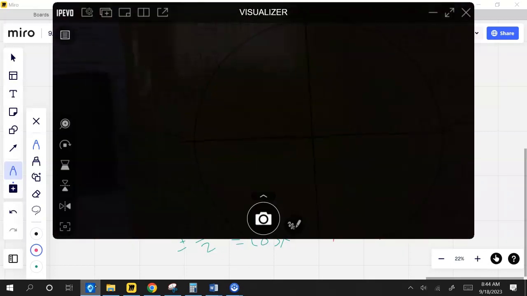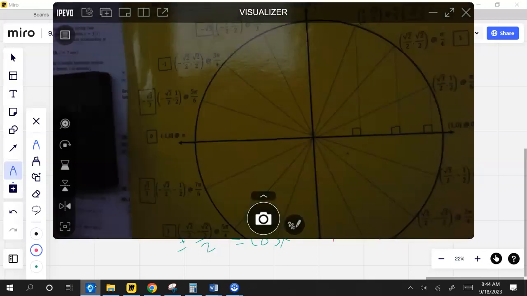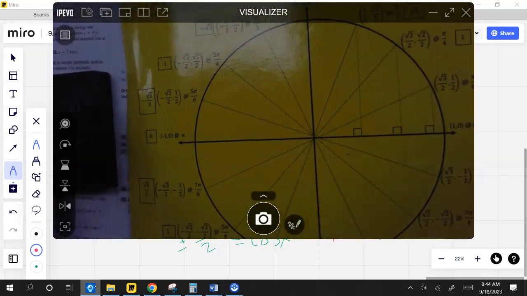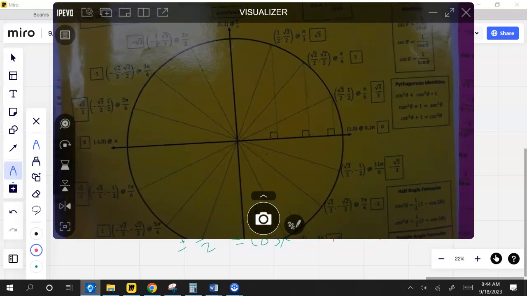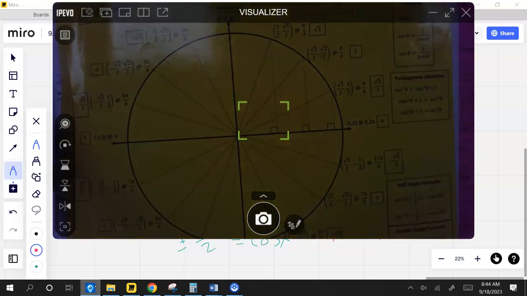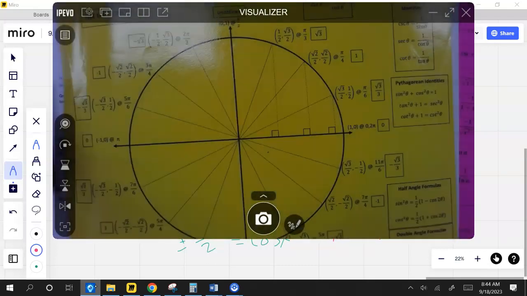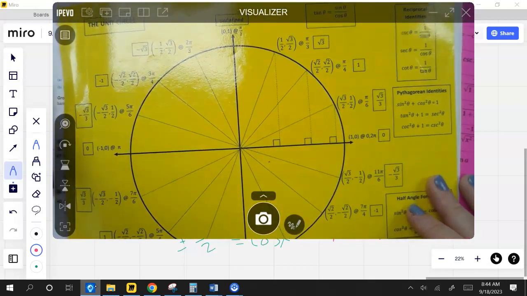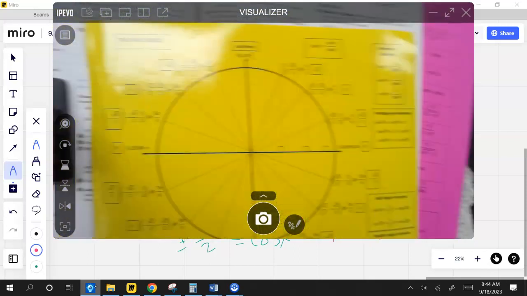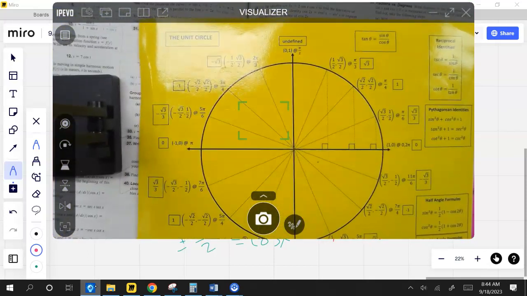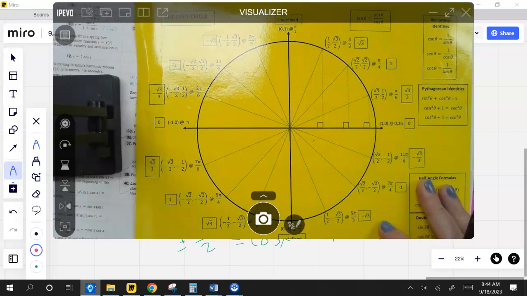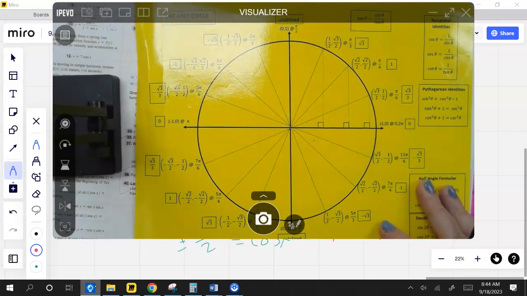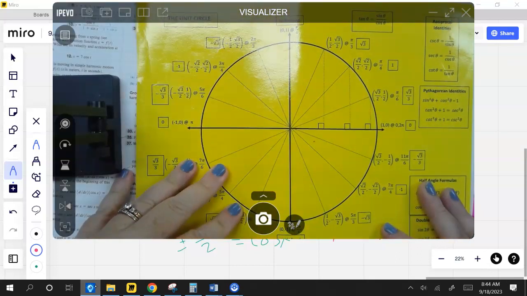What's this stupid thing doing? Okay. Are y'all with me now?